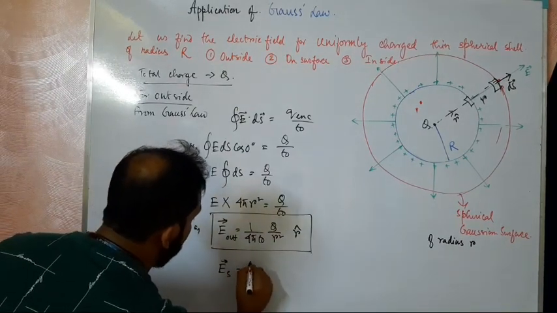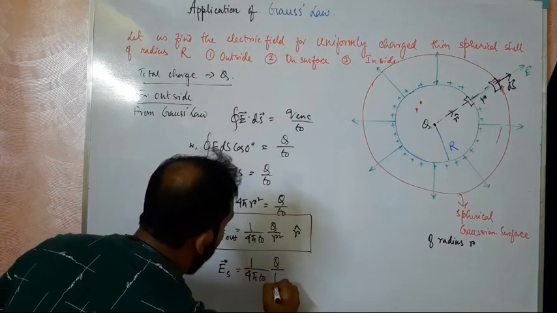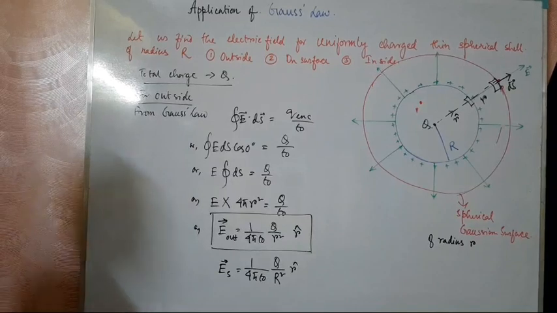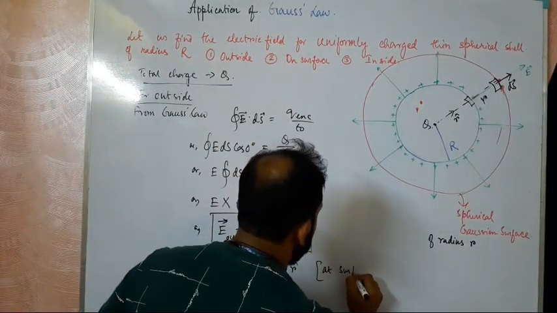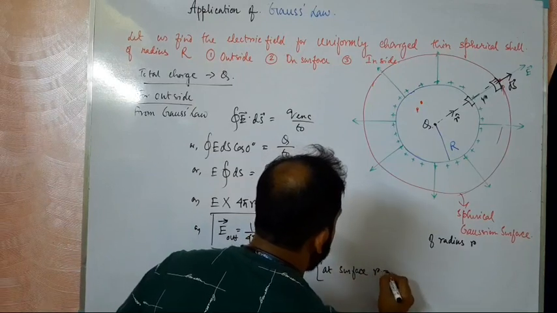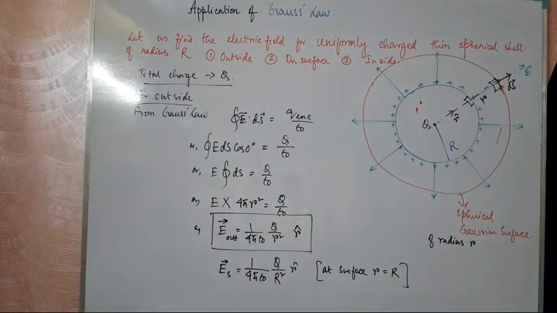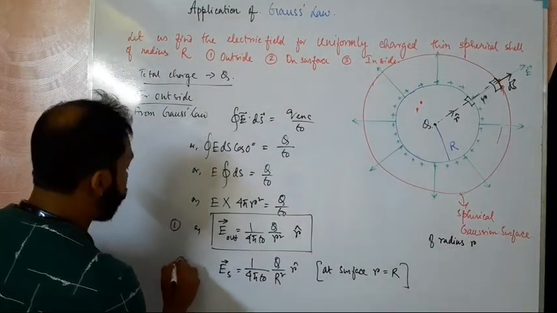So the electric field at the surface will be 1 by 4 pi epsilon naught, Q by capital R square, R cap, because at the surface small r is equal to capital R. So this is number 1, this is number 2.